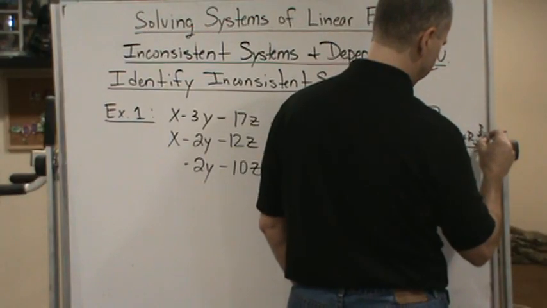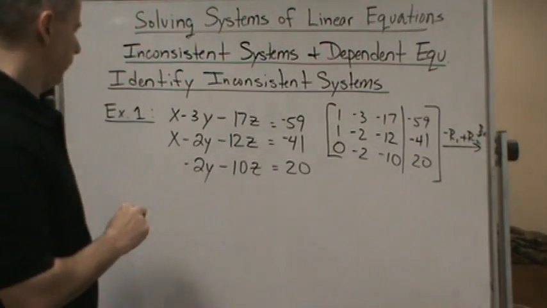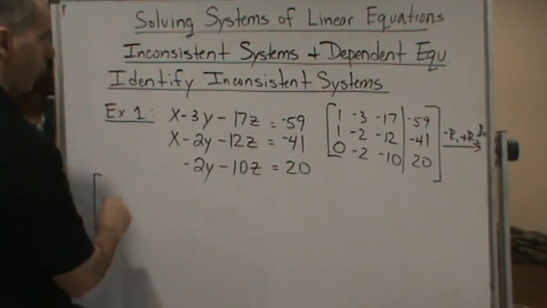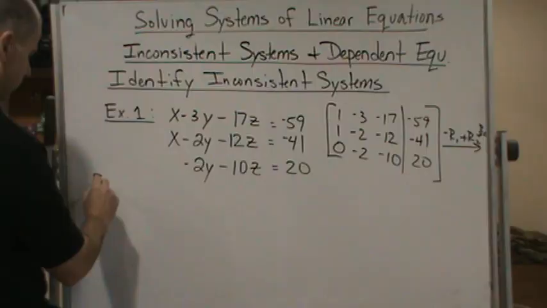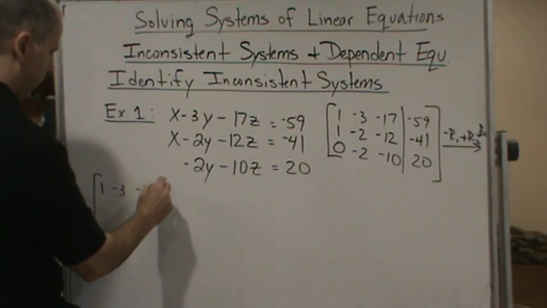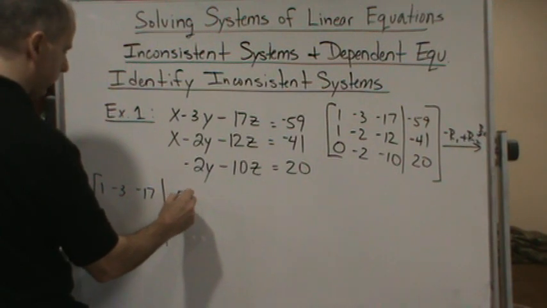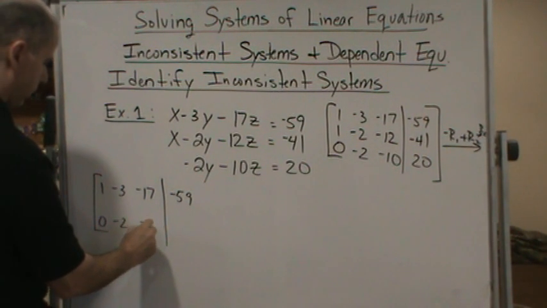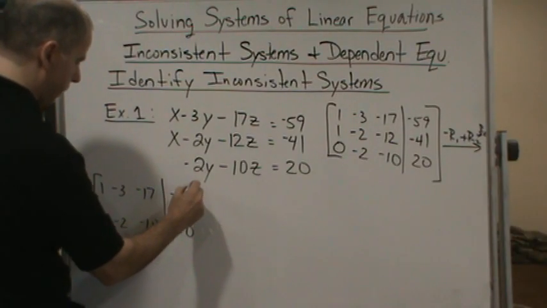I'm running out of room here. So now let's do the matrix over here. Rows 1 and 3 are going to stay the same. So that's going to be 1, -3, -17, -59. And then the last row is 0, -2, -10, 20.